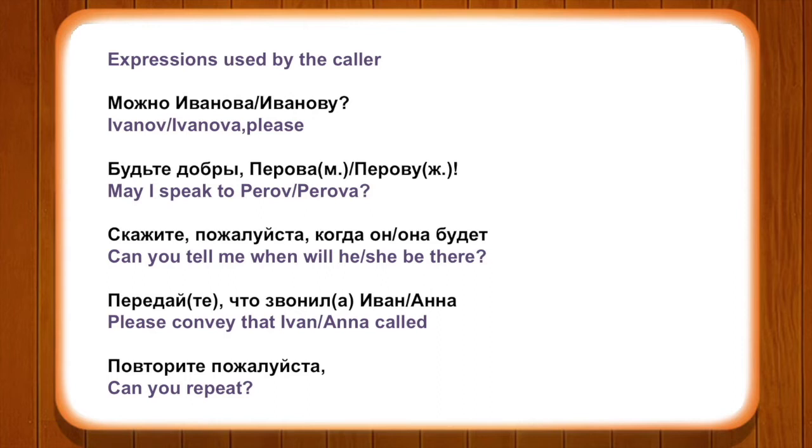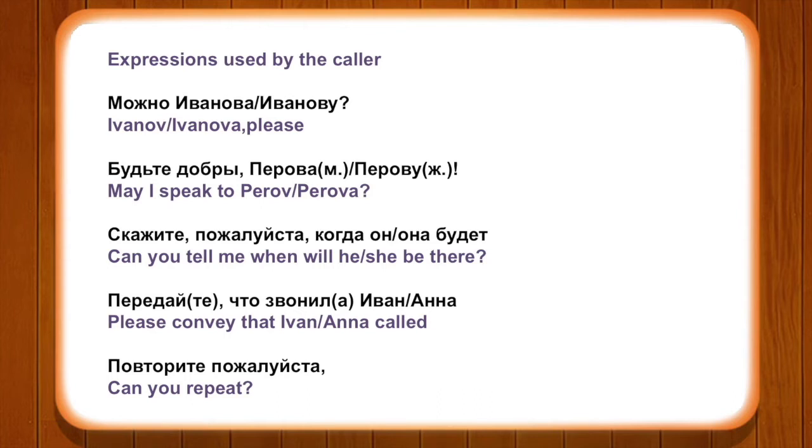In that case, we use the accusative case, which will be there in the module related to the accusative case. Можно Иванова, можно Иванову: that name Ivanov and Ivanova is in the accusative case.